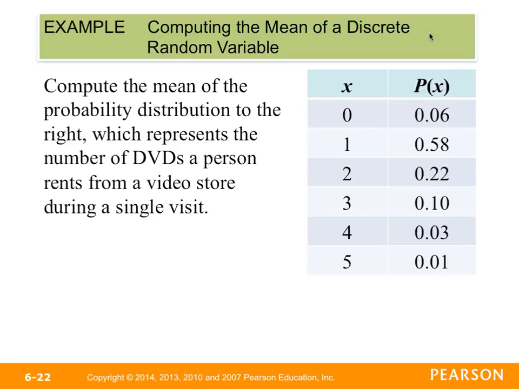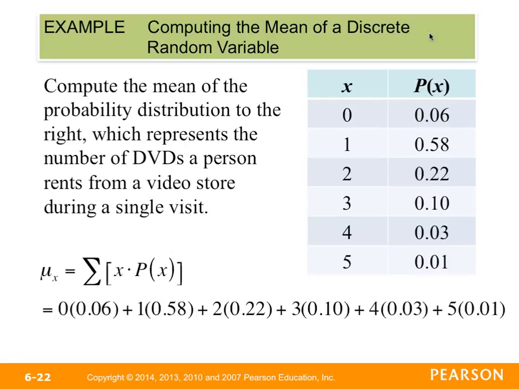So in order to do that, what you can do is just use that formula that we presented on the last slide. Mu of x, or your mean, is equal to the sum of all of the x's times their probabilities. It's not shown on this slide, but my suggestion to you is maybe create a column right over here to the right of your bar chart, where it's x times p of x.